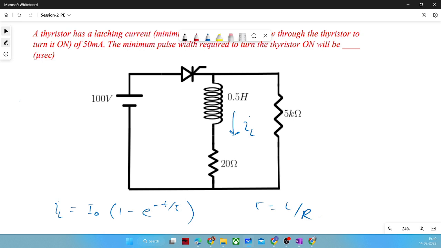So if 50 milliampere current is needed here, we will distinguish it as I latch. I latch is equal to IL plus IR, right?